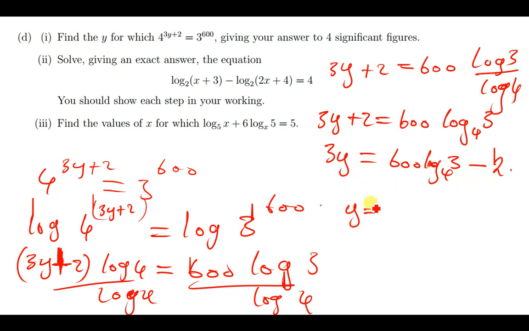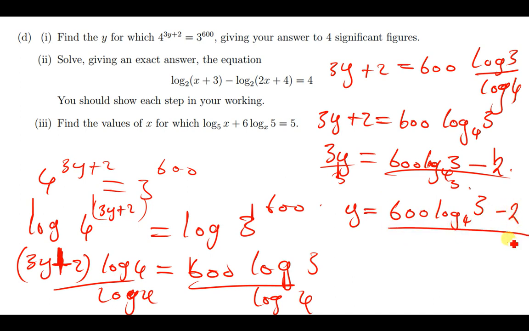Y is going to be equal to, we divide everything by 3, so y is simply just going to be equal to 600 log 3 base 4 minus 2, and everything divided by 3. So this is the answer. If you have a calculator, you can just put this on the calculator, then you are going to find the answer.